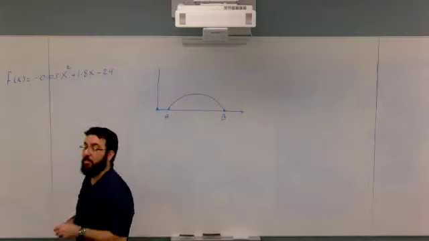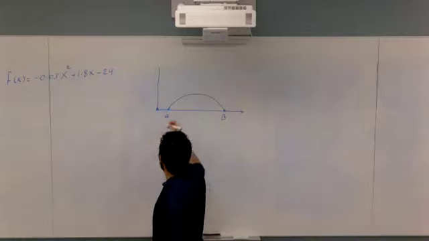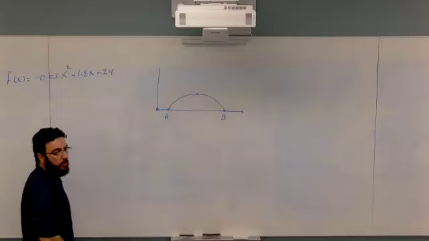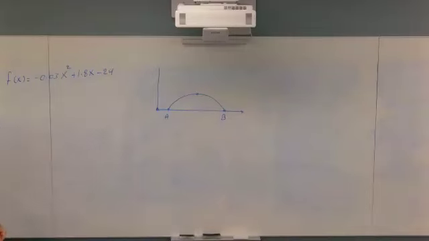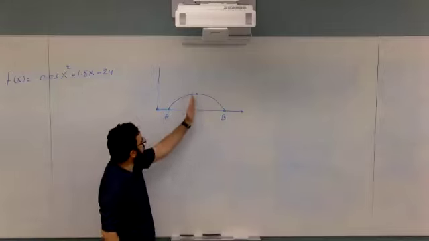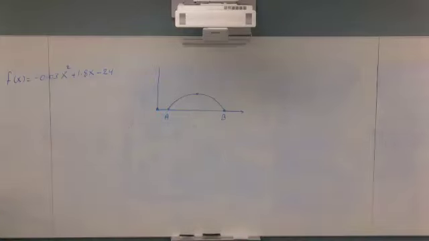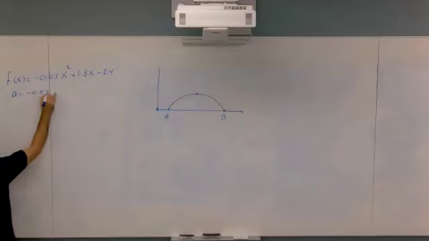The vertex. Here is the vertex, the maximum height reached. We need to find the vertex. Is that hard? They're telling you this is x, and the maximum height is the vertex. So let's go back here. What's the value of a? Negative 0.03.